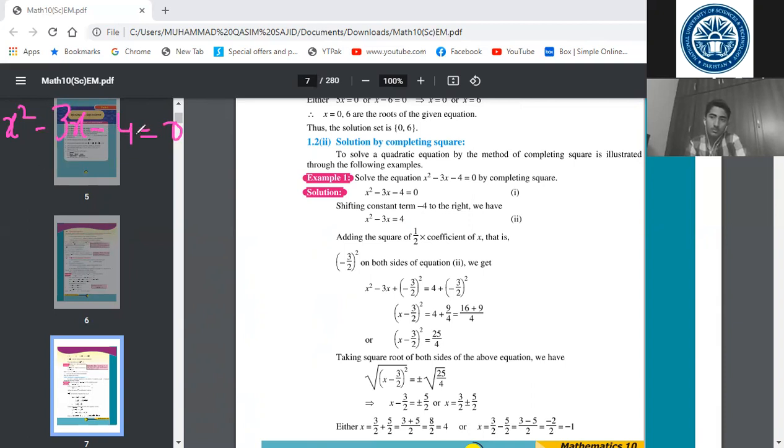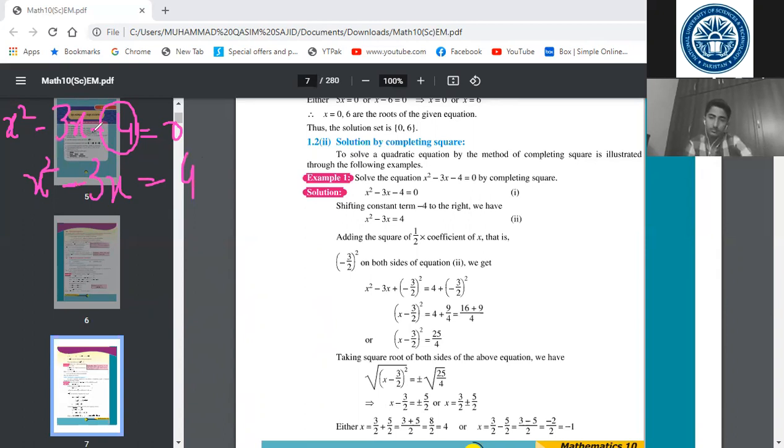So first you have to take the constant, c, to the right hand side. So it must be x square minus 3x equals to 4. This is the first step, step number 1, to take this constant from left hand side to right hand side.